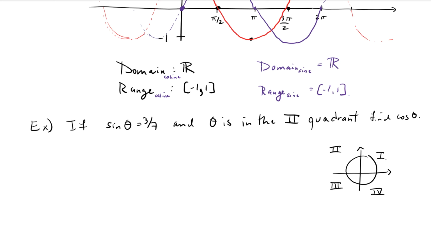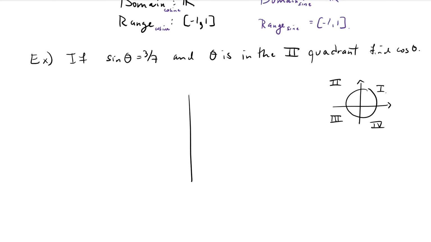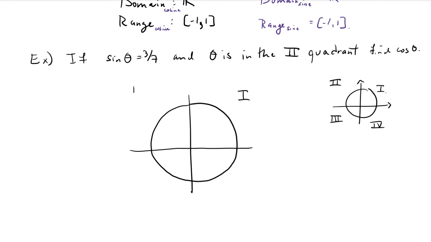So maybe one thing to notice, actually this picture with the quadrants, I'm going to make it a little bit bigger because I want to add some other information. So first quadrant, second quadrant, third quadrant, and they're typically written with Roman numerals. In this quadrant, if I've got an angle, the sine is positive, cosine is positive because it corresponds to the x and y coordinates.